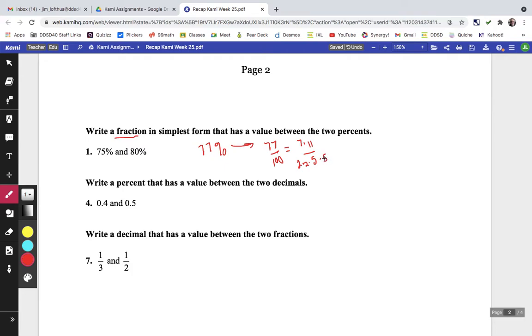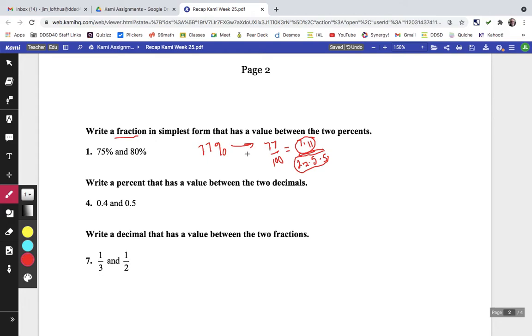That's 4 times 25. And there are no common factors between 7 times 11 and 2 times 2 times 5 times 5. So I know that it can't be simplified.